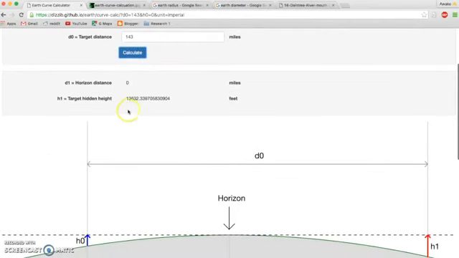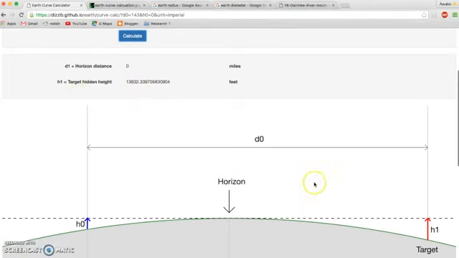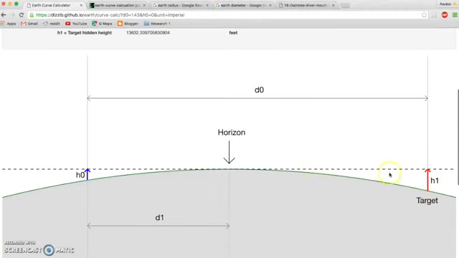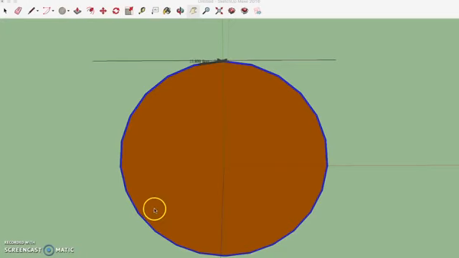So what that gives us is 13,632 feet of curvature. So H1 is right here, H1. So this is right at sea level, and if the Earth is a ball and it curves, this distance, H1 at 143 miles, is 13,632 feet.